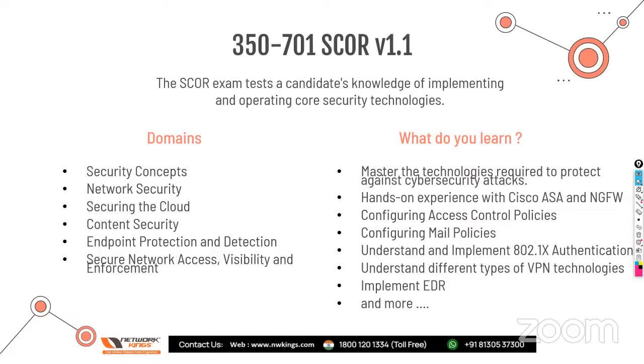And then lastly, your secure network access, visibility, and enforcement. This is where we'll discuss things like AAA, RADIUS, 802.1x, ICE, and guest access. When I say visibility, it would mean things like Stealthwatch or NetFlow.